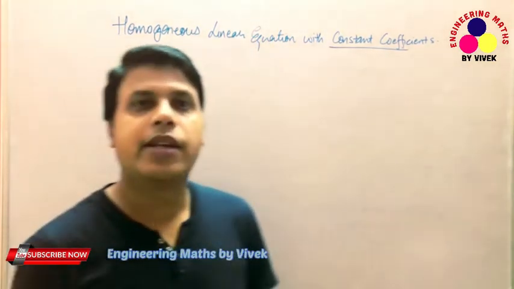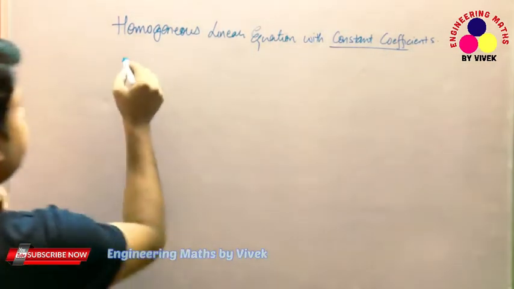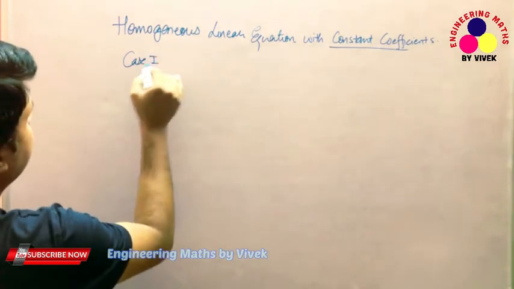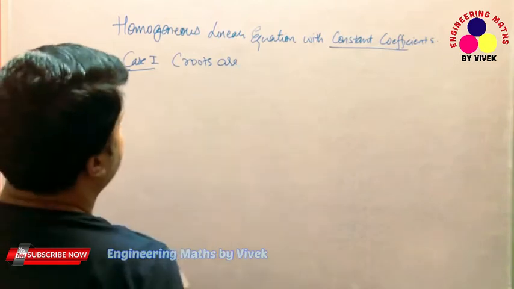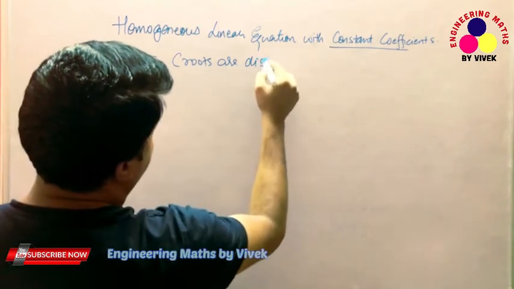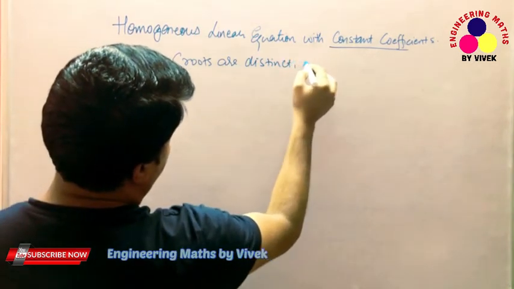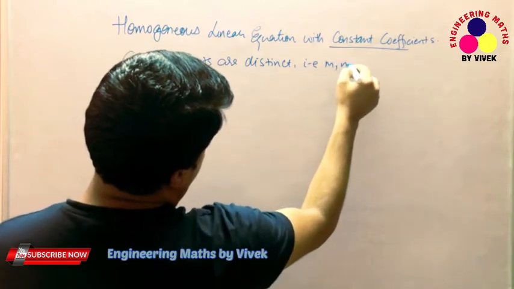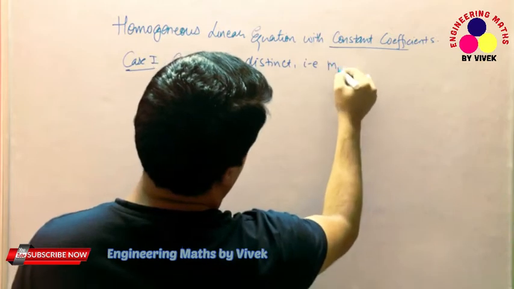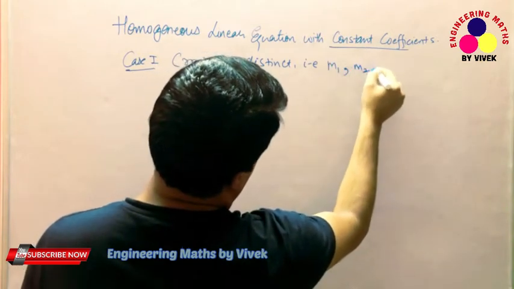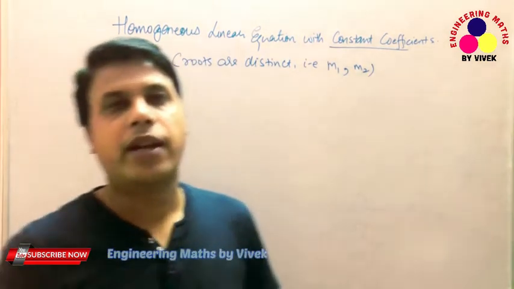So we are considering case number 1. We have two roots m1 and m2.